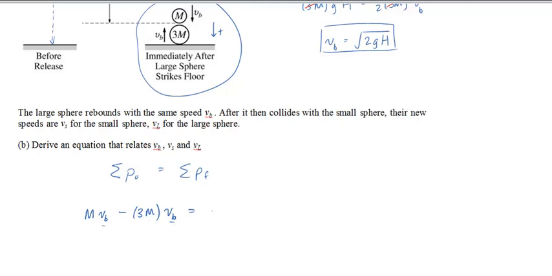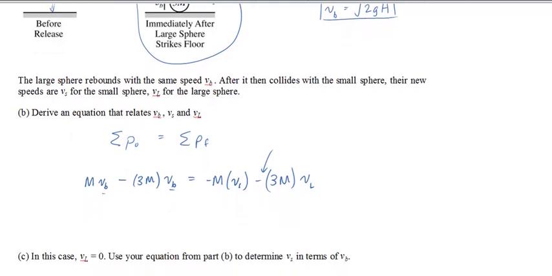Afterwards, the small mass is presumably moving up at Vs. Yes, it does tell us the small sphere moves up and the large sphere has some speed VL. Now, because they don't specify what direction, this minus sign could go either way. It could be a negative sign or it could be simply a plus.